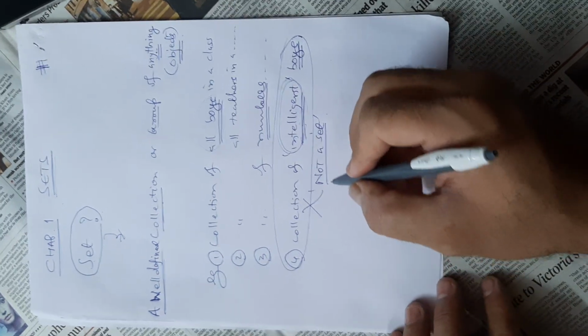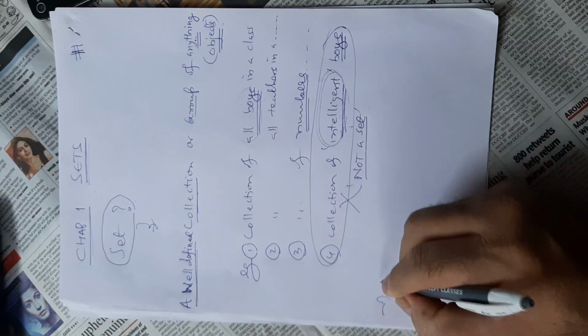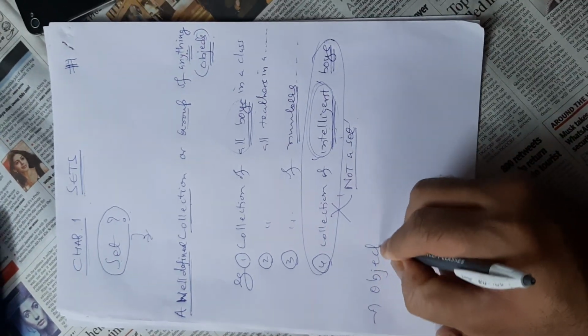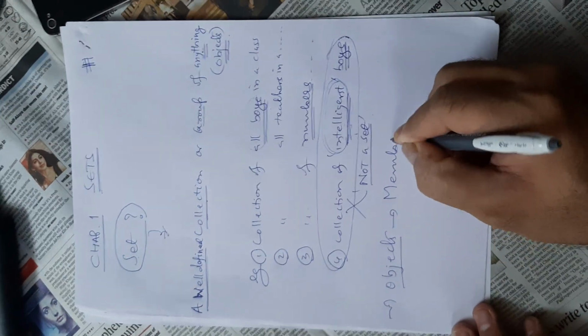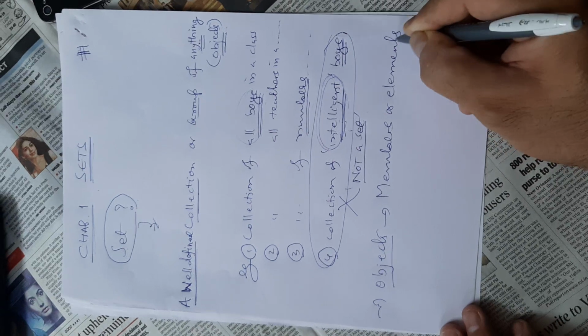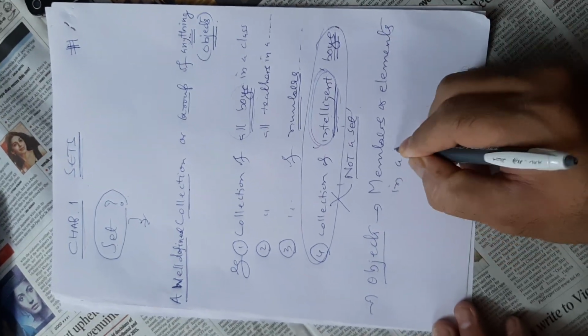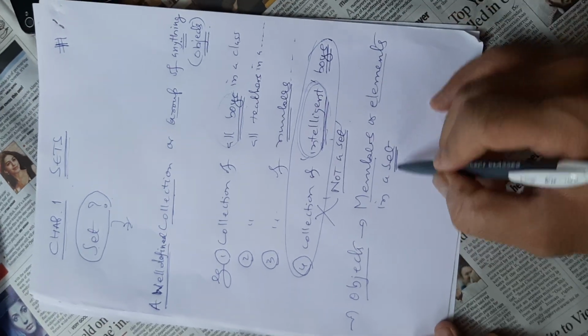Now here objects are usually called members or elements of the sets. Objects are called members or elements in a set.